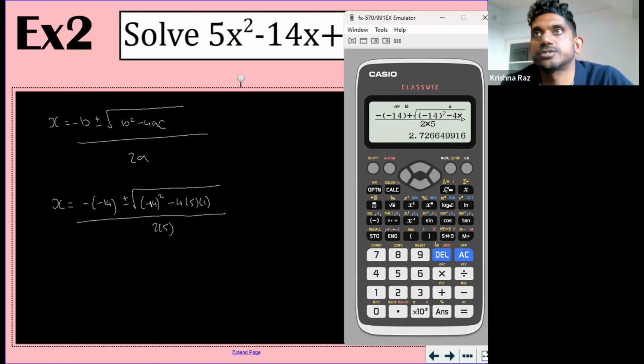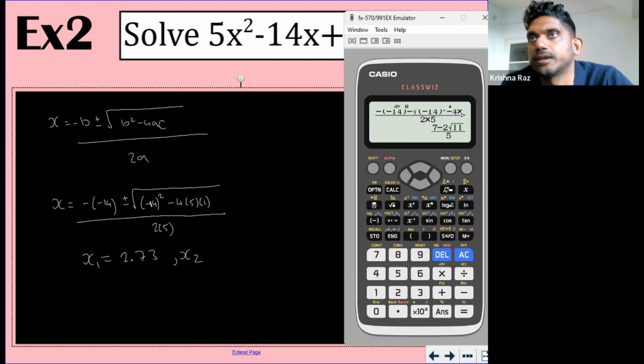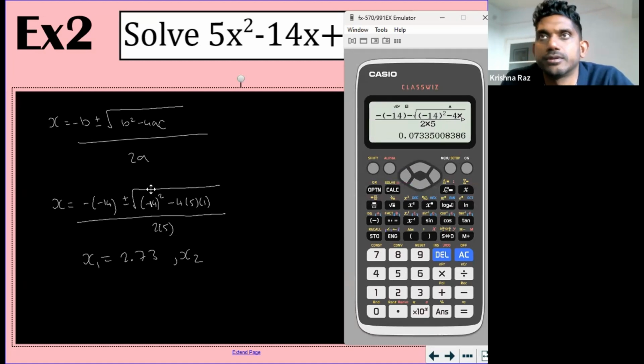And this time we've got 2.73. So x1 is 2.73. And x2, if we cursor it along and change that plus to a minus, we've got 0.073.